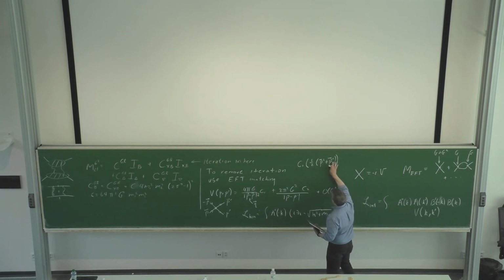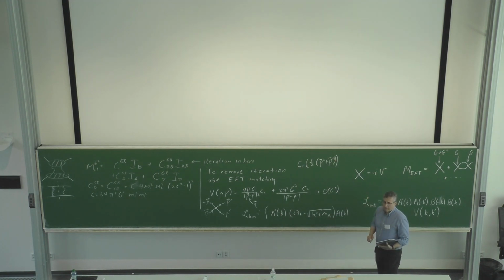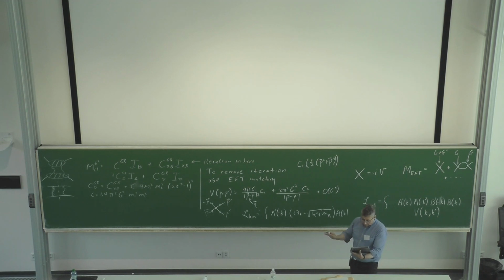But now, because of this off-shell continuation, we have to make some choice. So we'll do that choice. And if you don't like that choice, that's okay. You can go home, try a different choice. You'll get some different answer, different potential, but the point is the equation of motion will be the same.